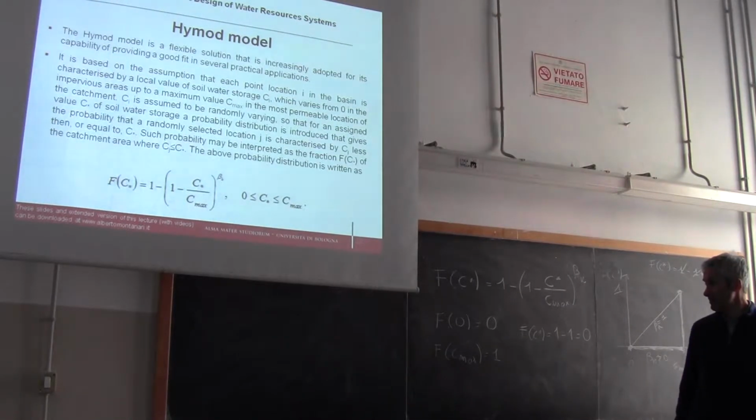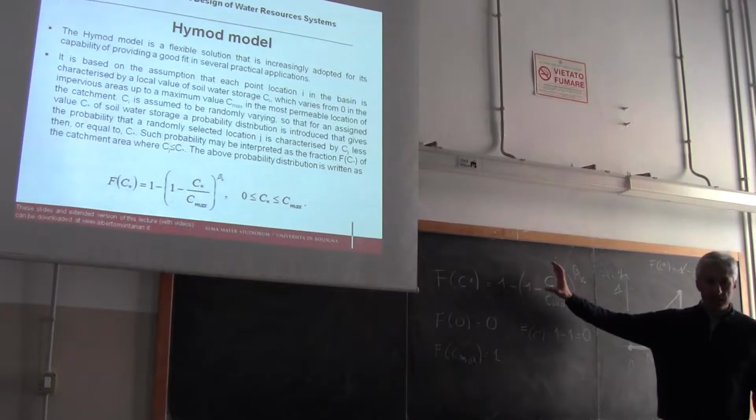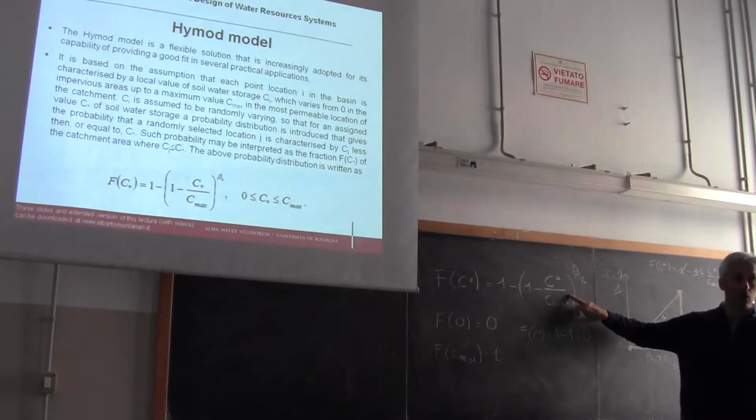Basically, look at the content of what is inside the round parentheses, keeping into account that C star is always lower or equal than C max. So this is generally lower than 1, or in the limiting behavior equal to 1.